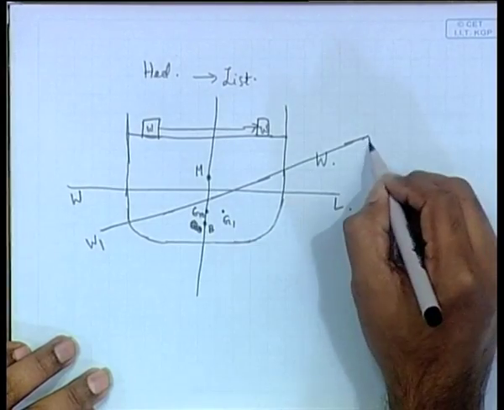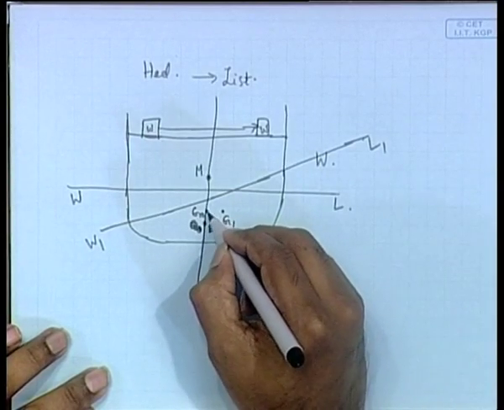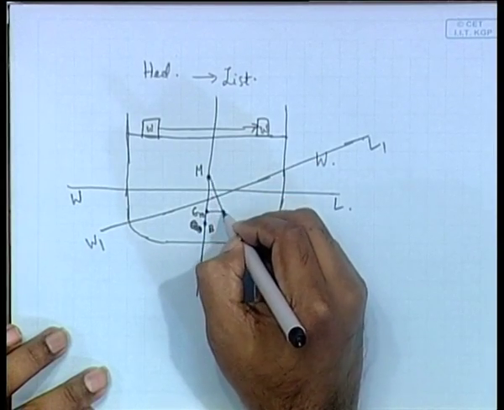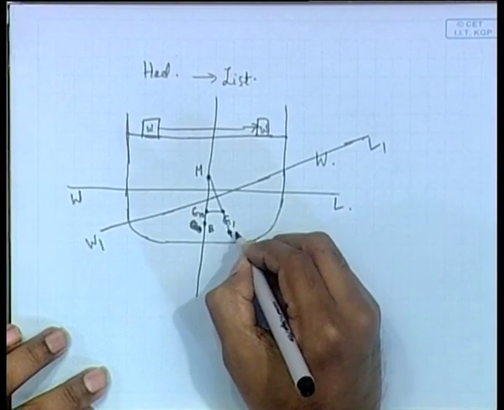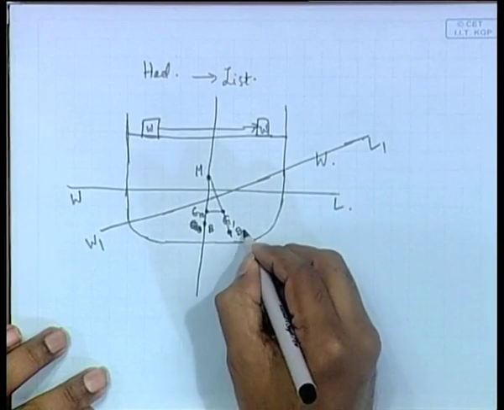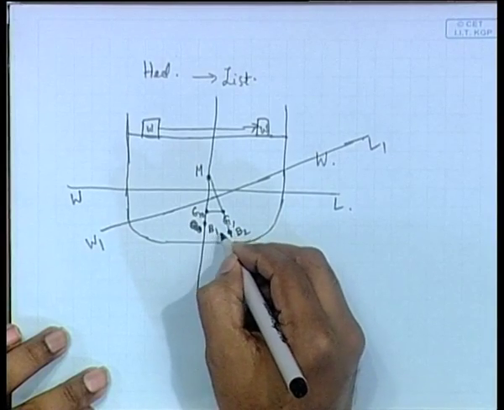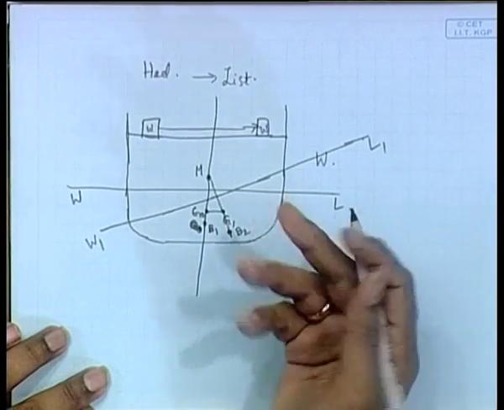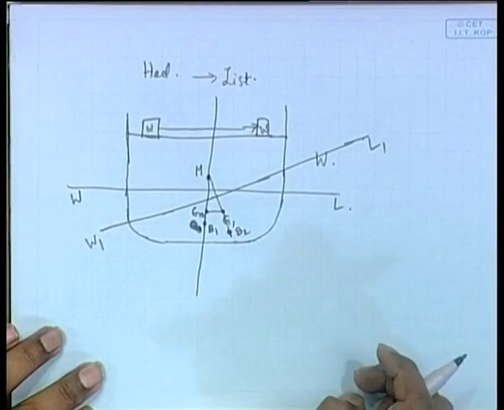Because of that, g has shifted here, and the center of buoyancy has shifted here, B1 and B2. Actually B1 and B2 will be in a straight line, more or less it's just the drawing. So, G will shift to G1.